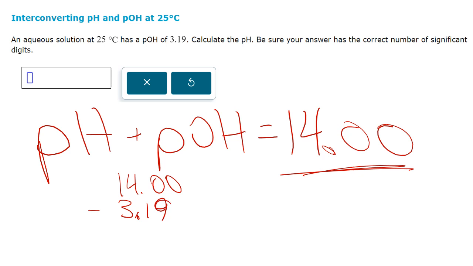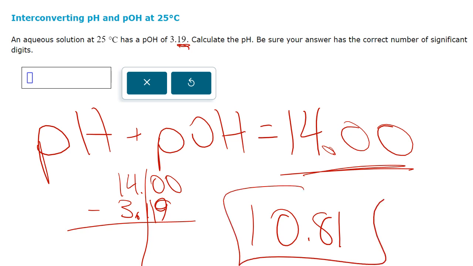And you're going to have the same amount of decimal places after. A lot of students went to 1 or I don't know. But when you subtract, you go with the least amount after the decimal. Both have 2 after the decimal, so the answer is going to be 10.81, and so it's going to have 2 after the decimal. So pretty easy if you know how to do it.